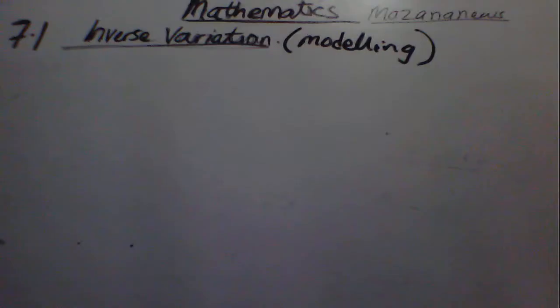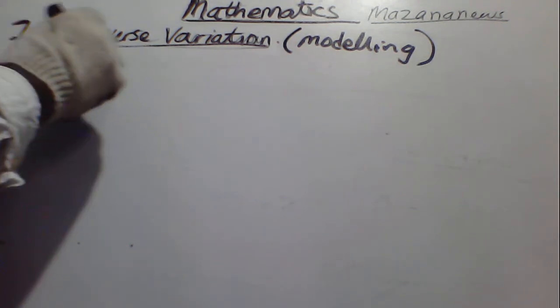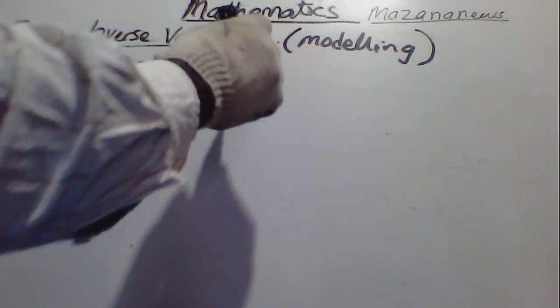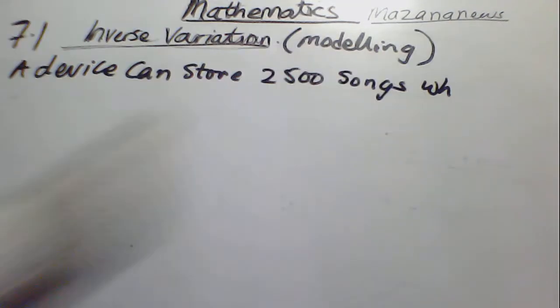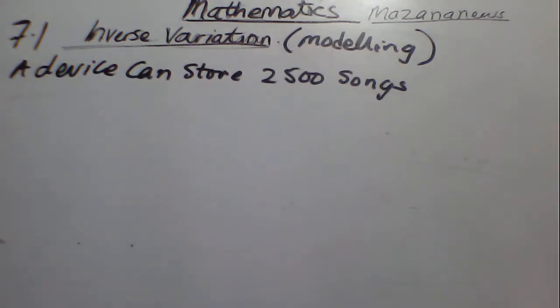Modeling, inverse variation modeling. A device can store 2,500 songs in MP3.